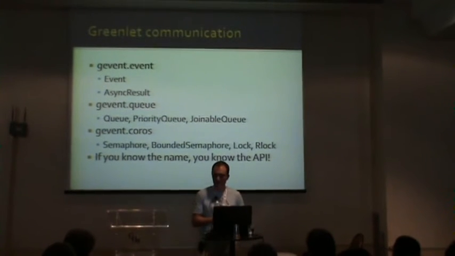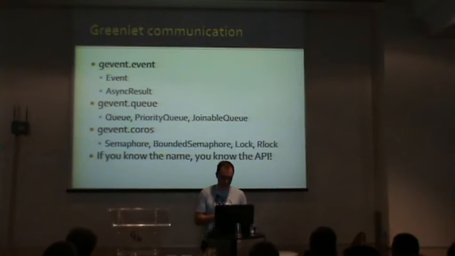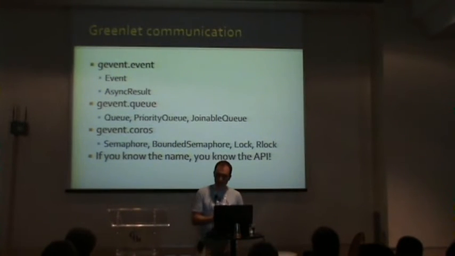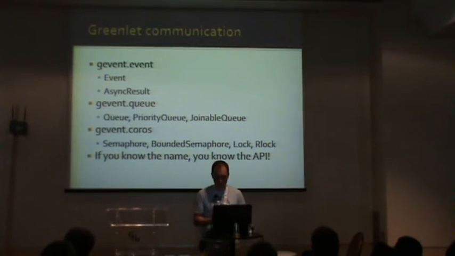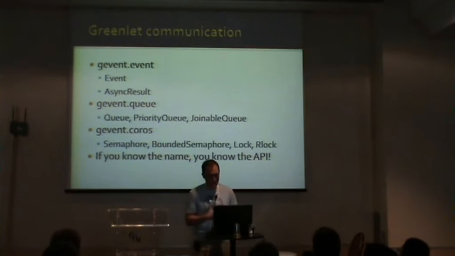There are a number of classes to do asynchronous and synchronous communication between greenlets. Almost all of them have an API inspired by the Python standard library. If you use threading, you know Event, Queue, PriorityQueue, and so on. There are even locks, although in most cases you don't need locks. Sometimes you do.